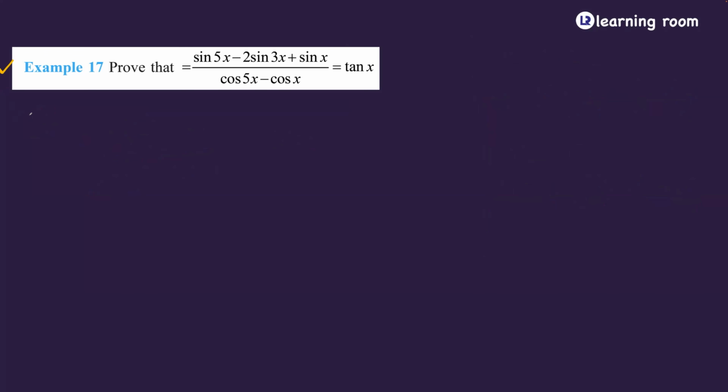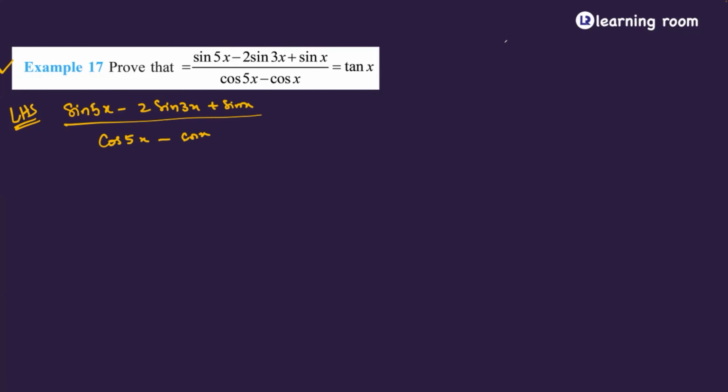So let's take the left hand side. I have sin 5x minus 2 times sin 3x plus sin x, the whole divided by cos 5x minus cos x. Listen.